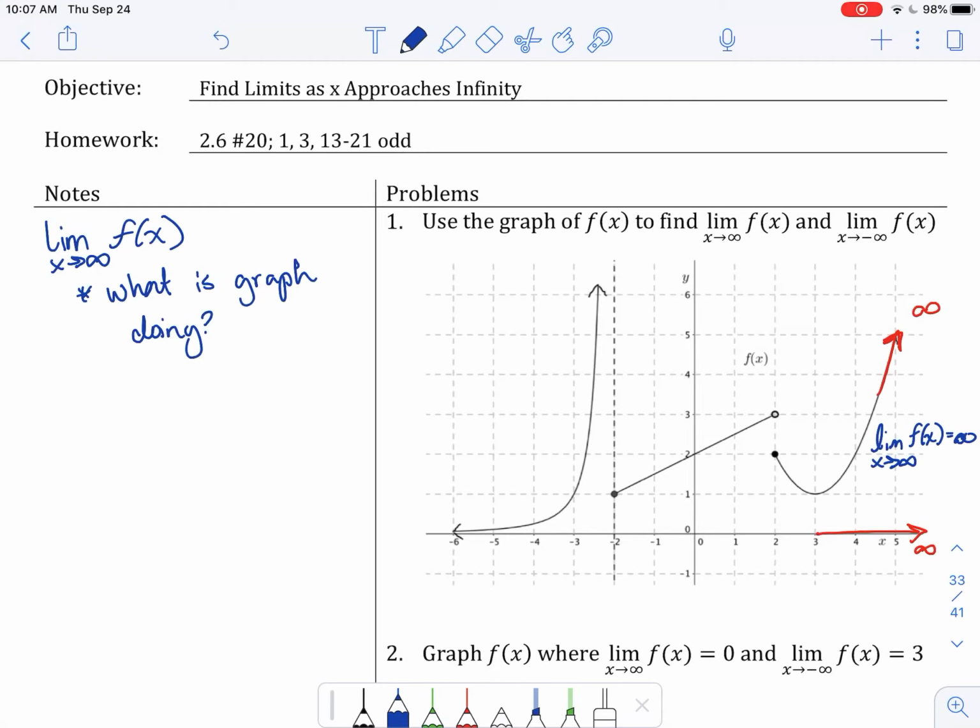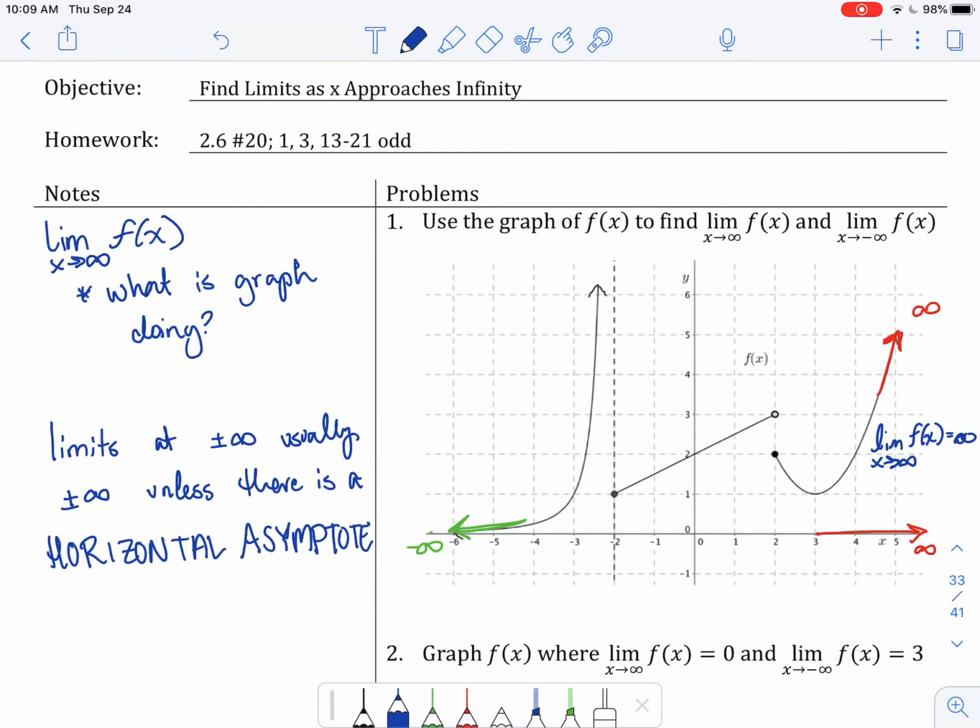Now, this is usually going to be the case. Usually, as we look at graphs, they either keep going in one direction up, or maybe they keep going in one direction down. Now, it's also possible, if we look at negative infinity, that we have something like this, which, if you remember correctly, is a horizontal asymptote. If I look towards the other arrow, as it goes towards negative infinity down here, we can see that this is flattening out.